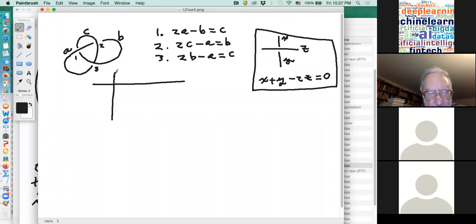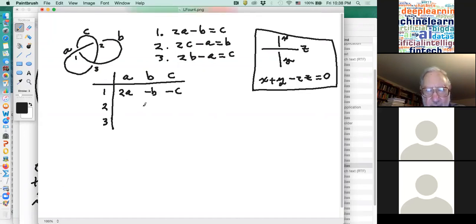So let's look at what the system of equations looks like. I have the equations for a, b, and c for crossing number 1, crossing number 2, and crossing number 3. So for crossing number 1, I have 2a minus b minus c equals 0.